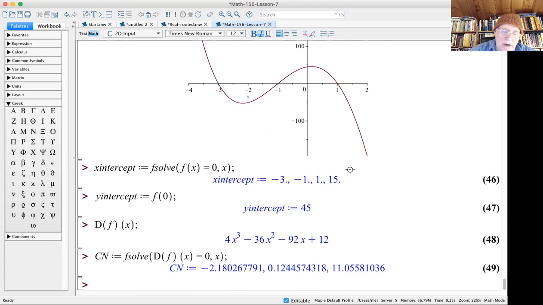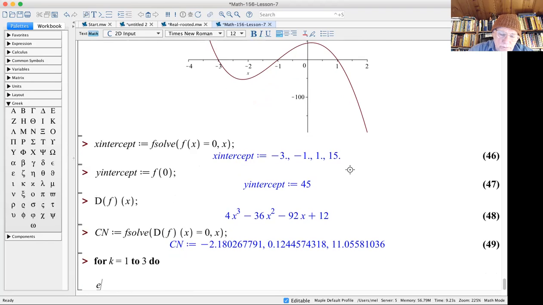But we can use the second derivative test and compute, let's say, for k going from 1 to 3 do, I'll put in my n do.